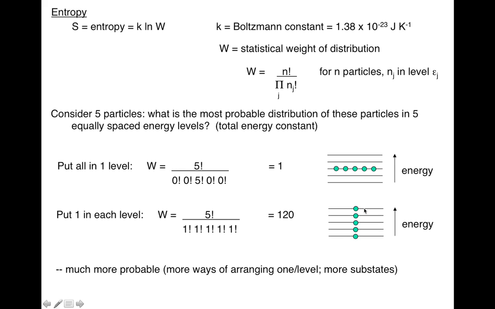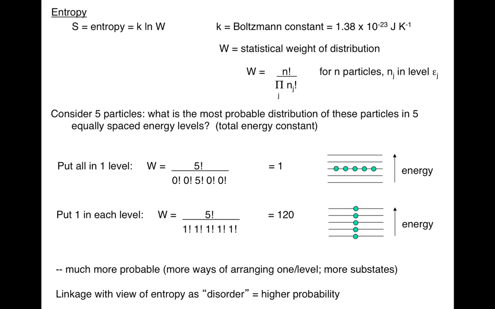So you can see that this is a much more probable distribution, okay? There are more ways of arranging the particles than in this configuration. Another way of saying it is that there are more substates, more ways of arranging the particles in these different energy levels, and those are referred to as substates.